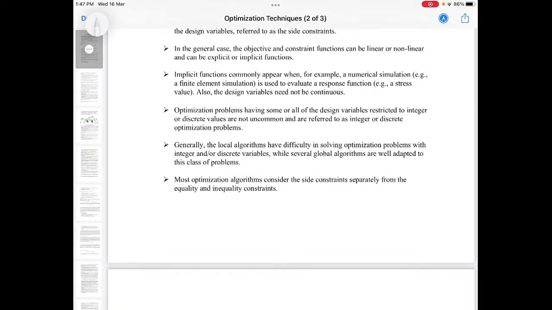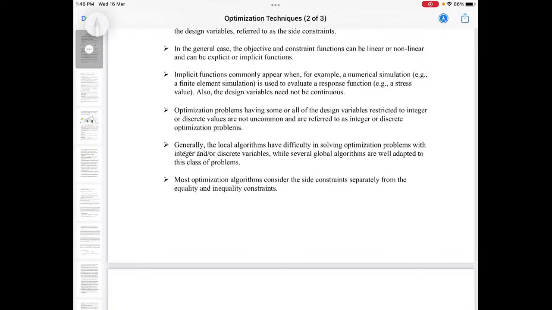Optimization will be dependent upon the design variables, which could be restricted to integer or discrete values, and such a condition is referred to as an integer or discrete optimization problem.